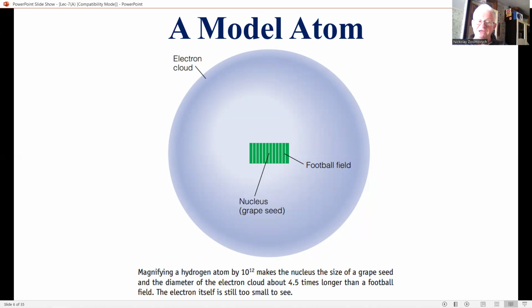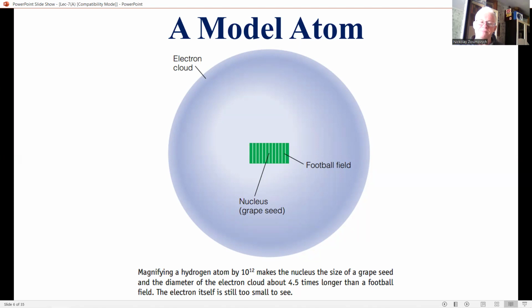The nucleus of this model atom is surrounded by a whirling cloud of orbiting electrons, small mass particles with negative charges. Normally, the number of electrons equals the number of protons, and the positive and negative charges balance to produce a neutral atom.